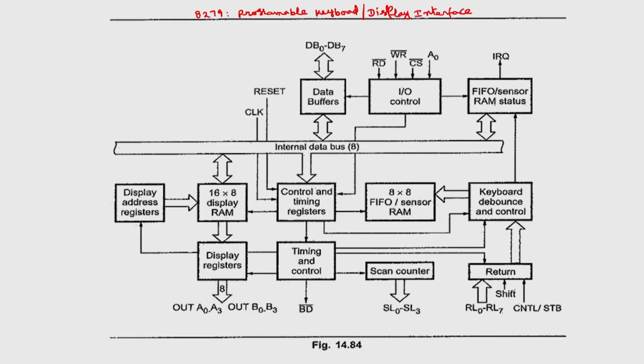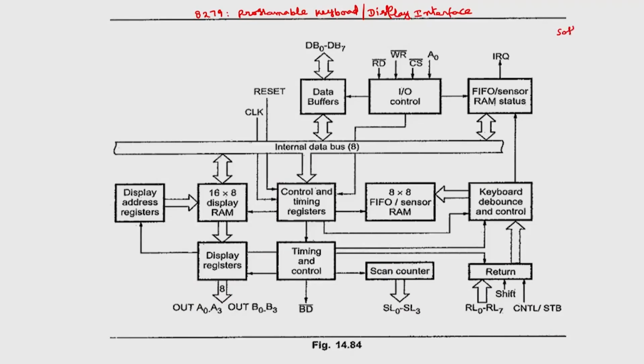So, in the earlier classes we have discussed how to interface a keyboard to the microprocessor, how to interface a multiplexed display to the microprocessor, and we have written the programs. So, those approaches are called software approaches, whereas this 8279 is a hardware approach.